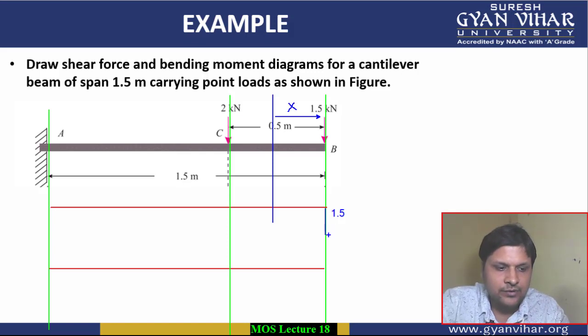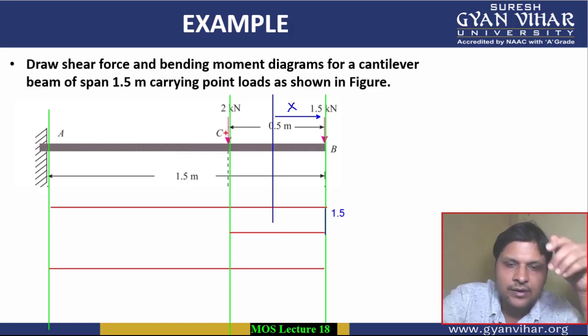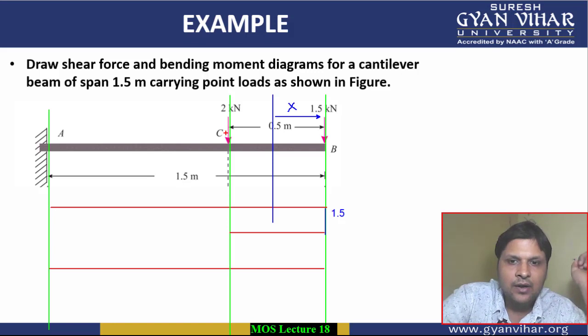Then from this point, there is no other force acting till the 2 kilonewton force. So we will draw a horizontal line from here to here. Then here you have a 2 kilonewton force acting downwards, and downward force is taken as negative.